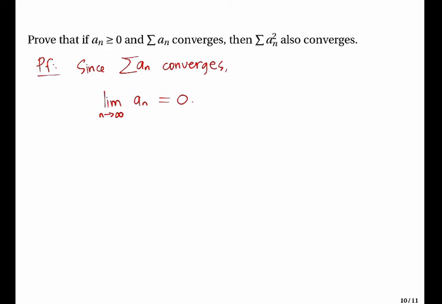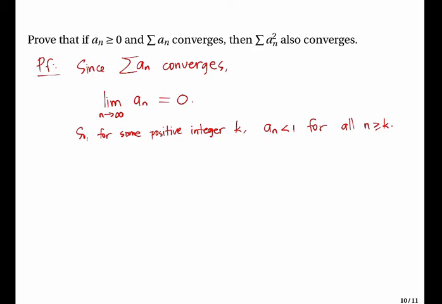Okay? So, for some positive integer k, a sub n will be less than 1 for all n greater than or equal to k.